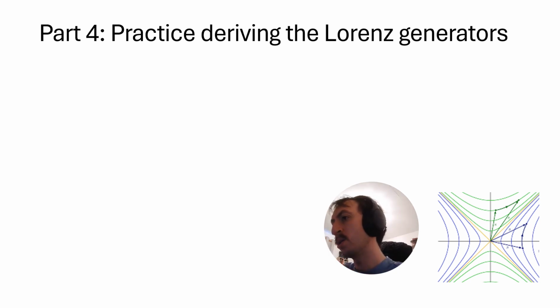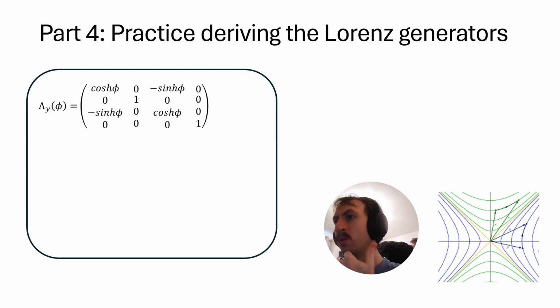But additionally, if we have a couple of Lorentz boost generators, we can see how we can start combining them together. And that will really help us tie Lorentz boosts to Euclidean rotation. So let's find the generator for Lorentz boosts along the y-axis.